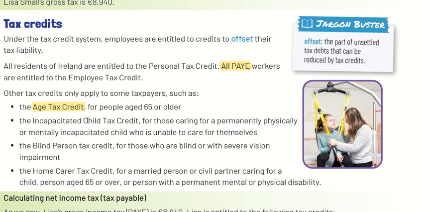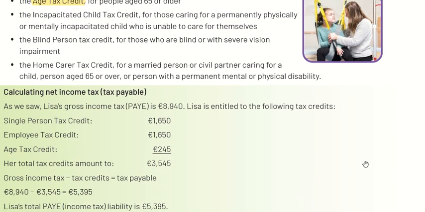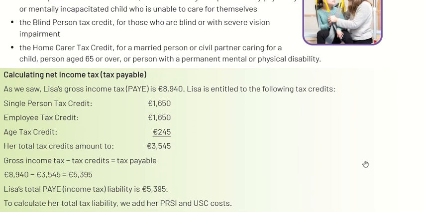Then if you have dependent people, if you're a carer, a blind person, and so on. Everybody gets credits as well just for being a PAYE payer. That's called your employee tax credit and a single person tax credit. So you get that as well just for yourself.